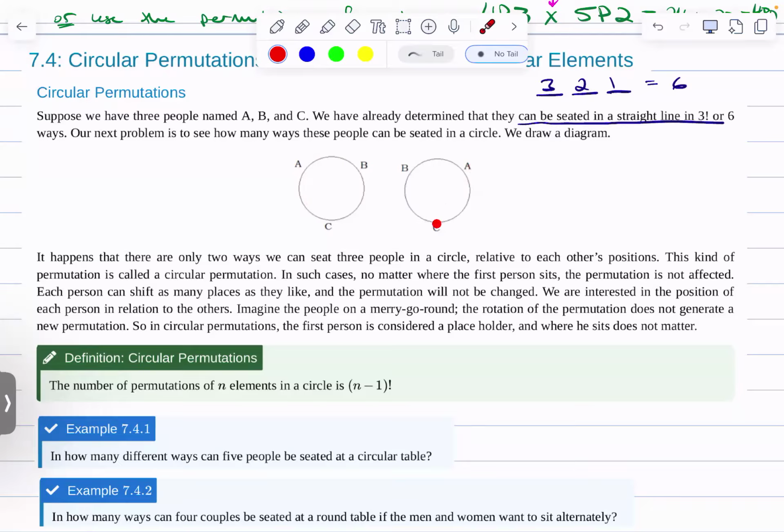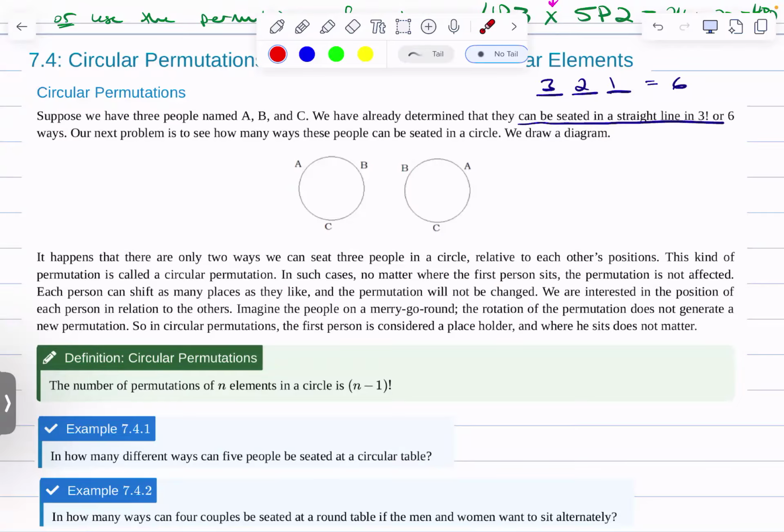So my next option is to go to C, then B, then A. There are only 2 ways that we can seat 3 people in a circle. This is a circular permutation, and the key to understanding it is that no matter where the first person sits, it doesn't matter. All you're doing is twisting the circle.